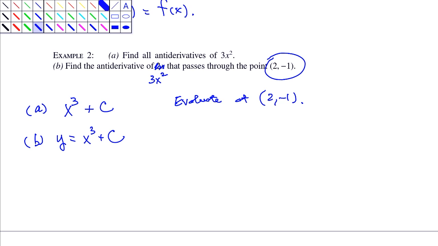So we have negative 1 is equal to 2 cubed plus c. And so that's negative 1 equals 8 plus c. So c is equal to negative 9. So the particular antiderivative of 3x squared that passes through the point 2, negative 1 is y equals x cubed minus 9.